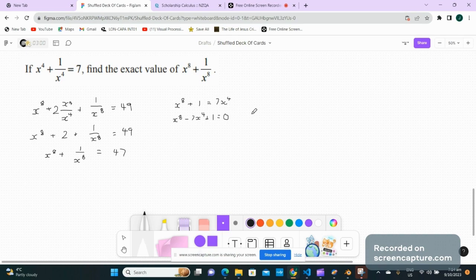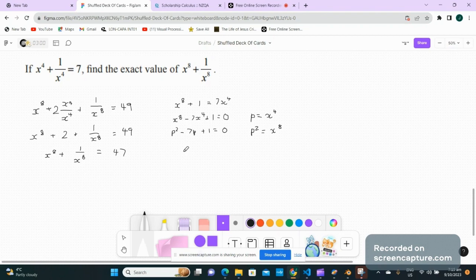If we just substitute, say, p equals x to the 4, then we know that p squared is going to equal x to the 4 squared, which is x to the 8. So we can rewrite this equation as p squared minus 7p plus 1 equals 0.